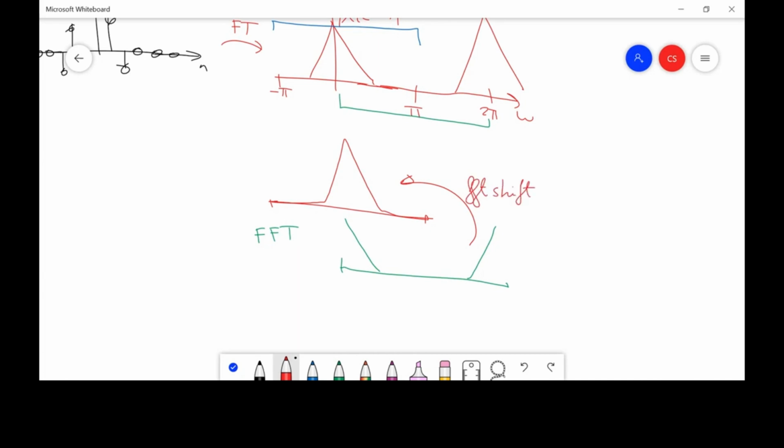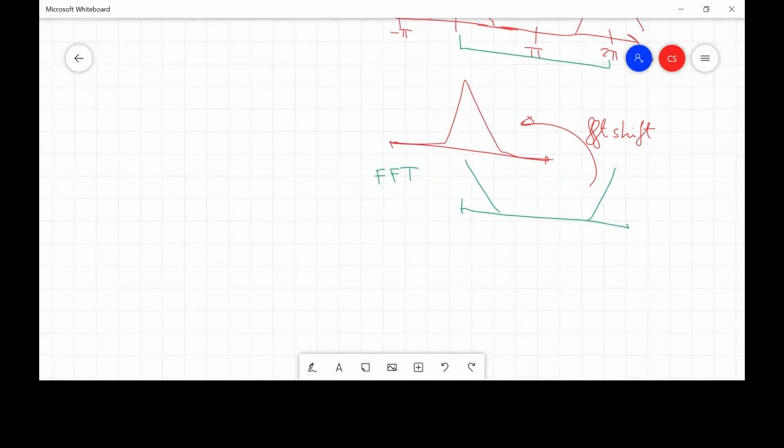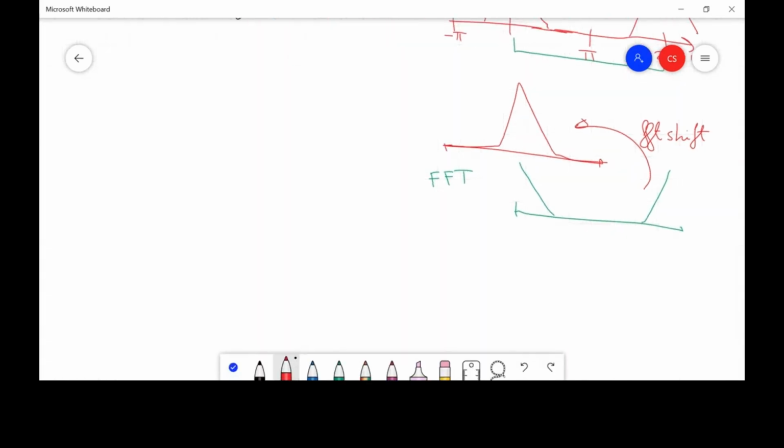Okay, so now let's do it in 2 dimensions. I have an image. So this is my image in real space. Now I do the Fourier transform.